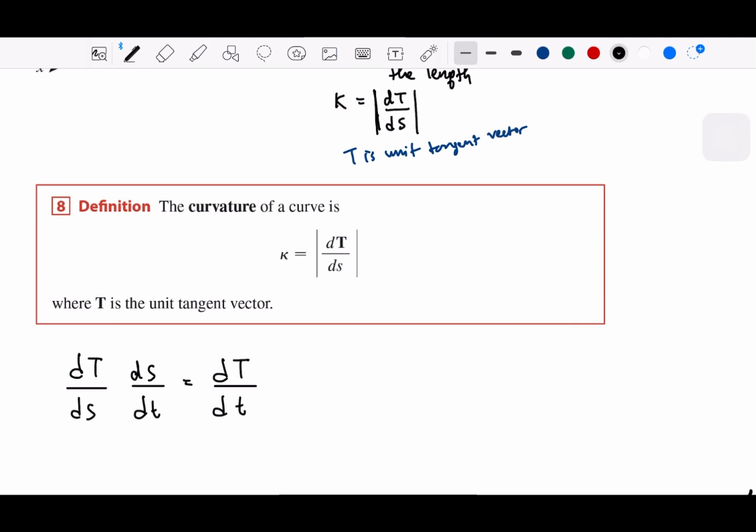So we can write this curvature as dT over dt divided by ds over dt.